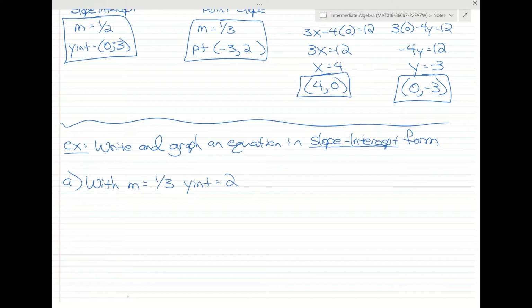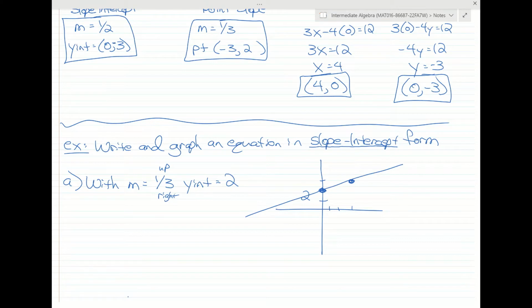If we're graphing, the y-intercept is at 2. The slope is 1/3, which means we go up 1 and to the right 3. That's what the line would look like.